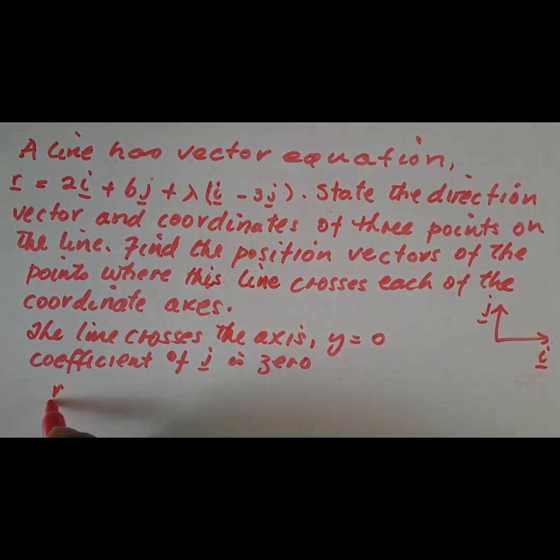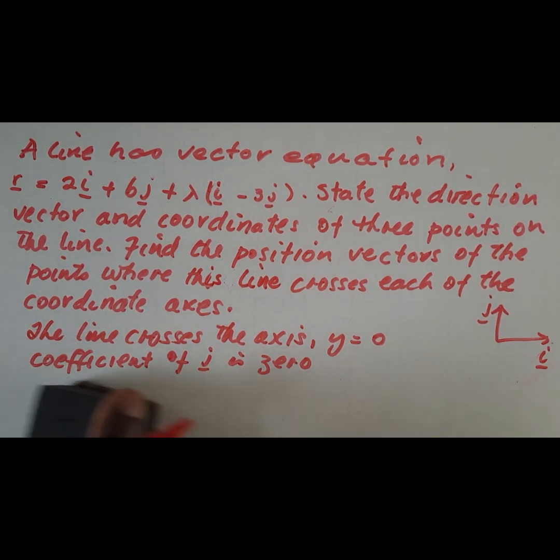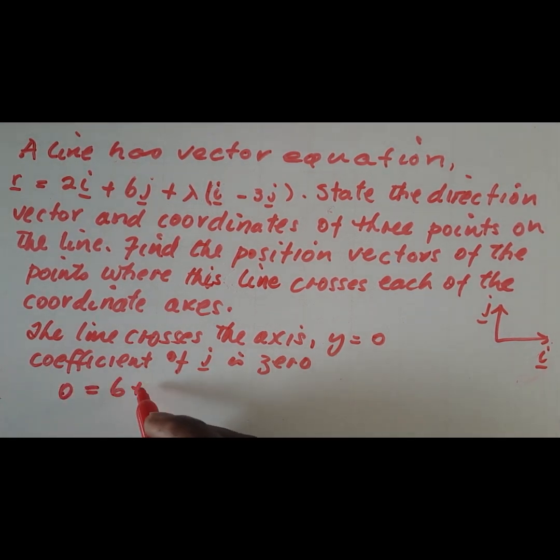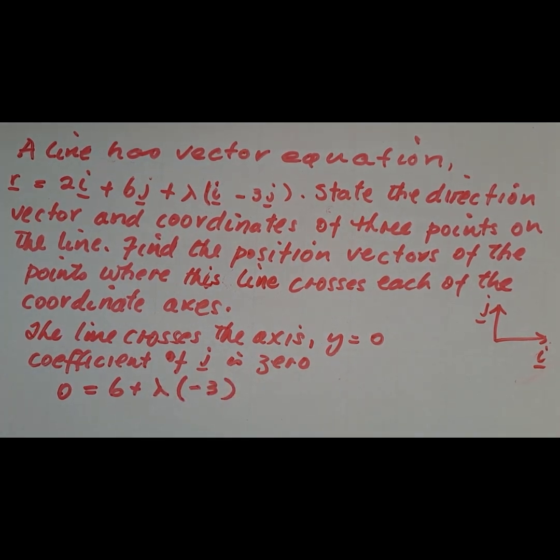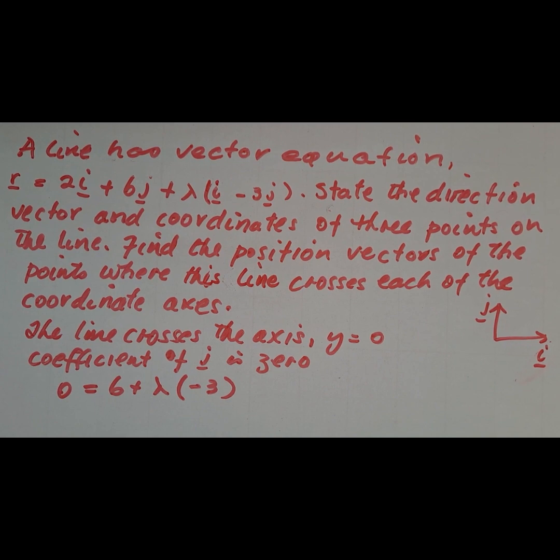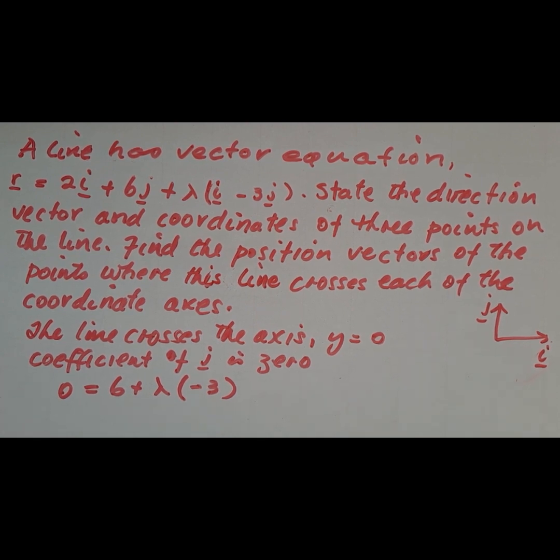So we can write that 0, being y equal to 0, we have 0 is equal to 6 add lambda into minus 3. So we set j to be 0, and now we can calculate our i value.